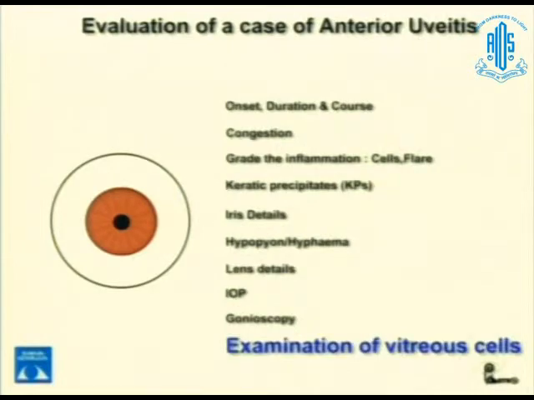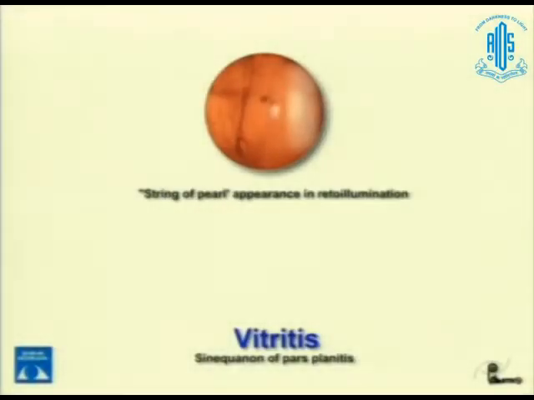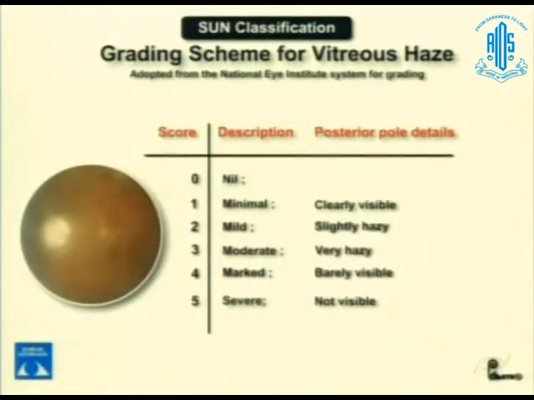So next important is the examination of the vitreous cells. Vitreous cells are a very important sign of intraocular inflammation. One should carefully examine the retrolental part. If you see a string of pearls appearance in retroillumination and vitritis, that is a very important feature of pars planitis or intermediate uveitis.